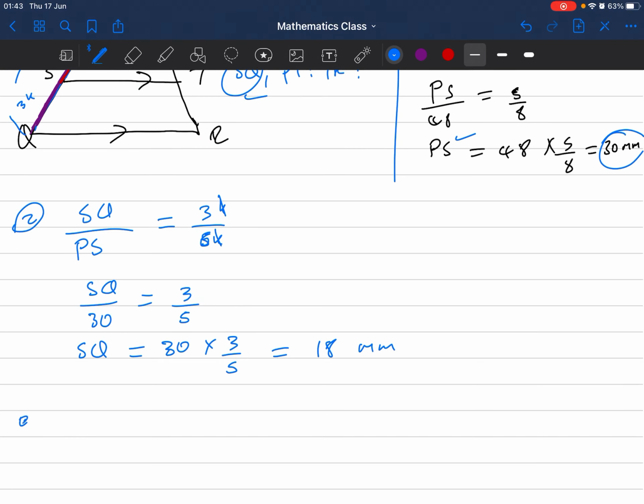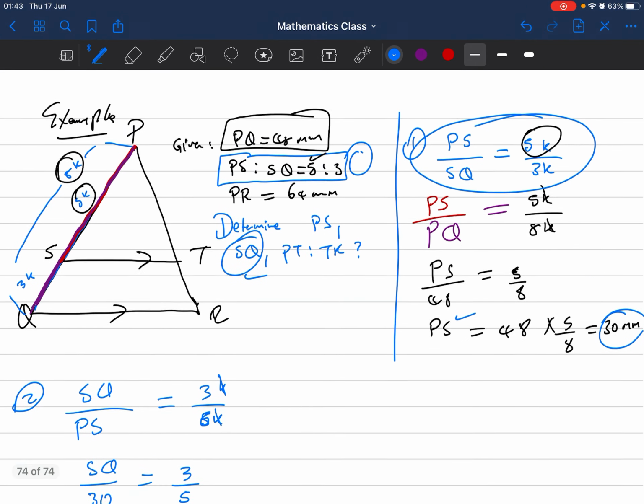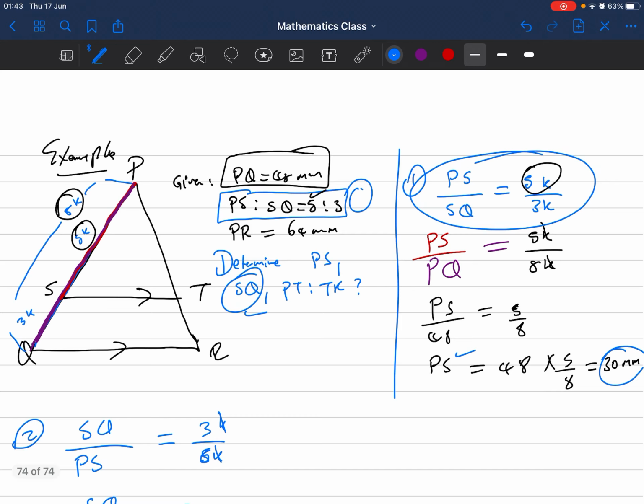Okay, and then let's answer the last question: find the ratio PT to TR. So they want us to find this ratio here. PT, this is PT, and this is TR.